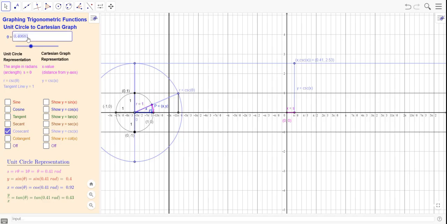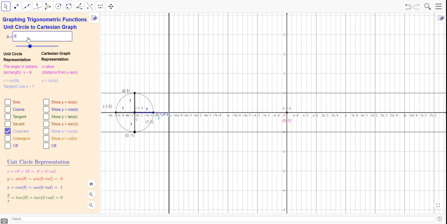Okay, let's see where that's going to take us. What happens if we get 0? Let's think about this a minute. Take this point 1, 0, and r is 1. That's 1 over 0. Oh, that's undefined. So cosecant is going to start undefined, and then it's really big in the first quadrant, working its way down.